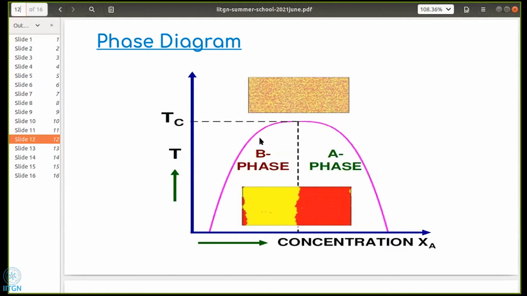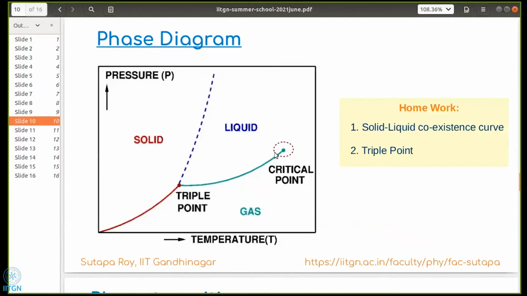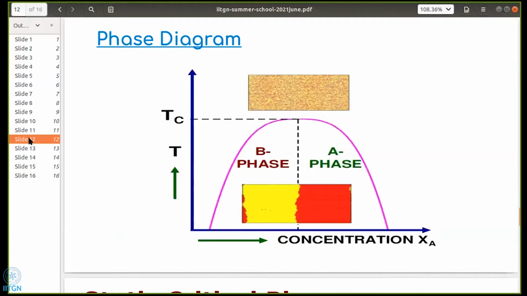If you remember the phase diagram which I showed you here, this point, marked by this red dashed part, corresponds to the critical temperature. The phase diagram that we look at is actually going to be close to this particular critical point, but in a different plane, which is the temperature concentration plane. So this TC here corresponds to the same critical temperature that you saw in the other phase diagram.